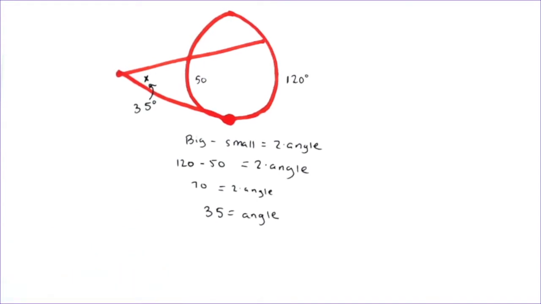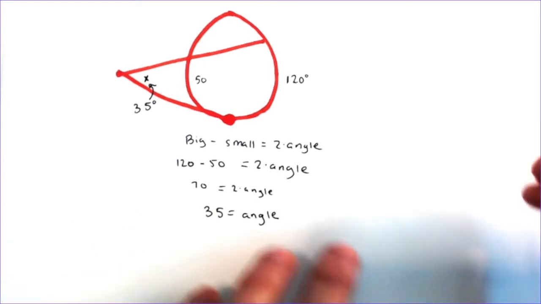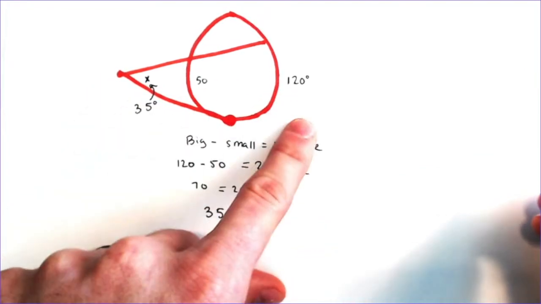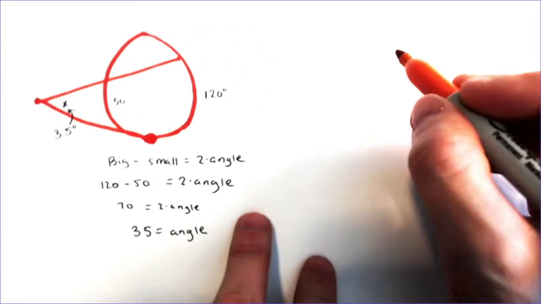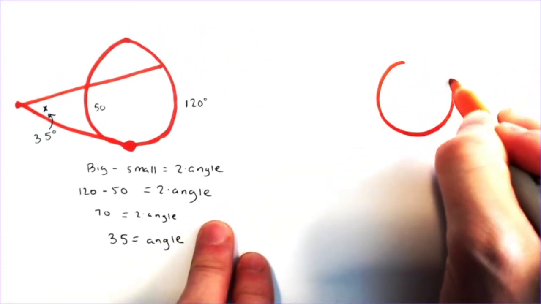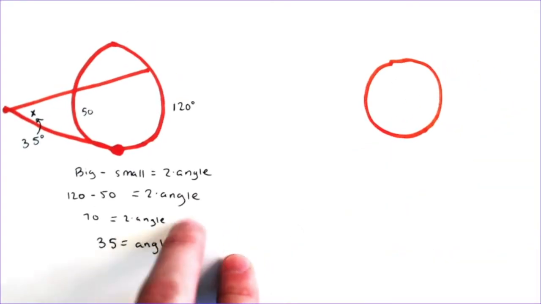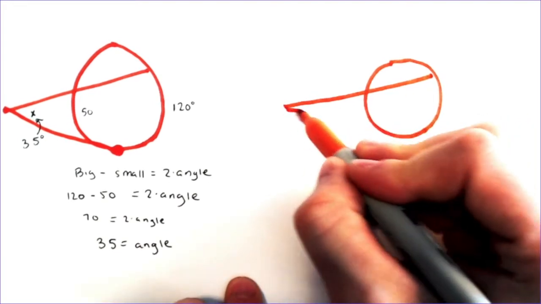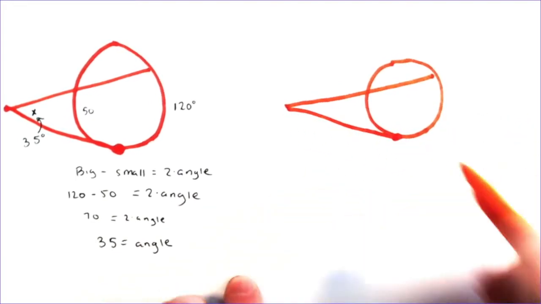Now, if we were to have the same scenario, but we were not looking for the angle measurements or the arc measurements, if we were looking for the lengths of either that tangent or that secant, so let's say we got the secant here and we got the tangent there.